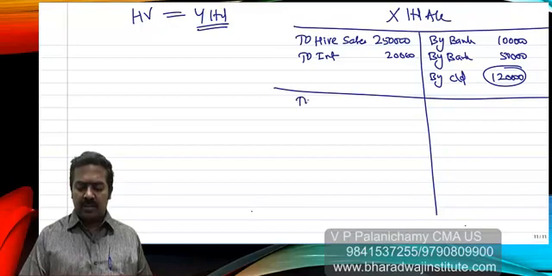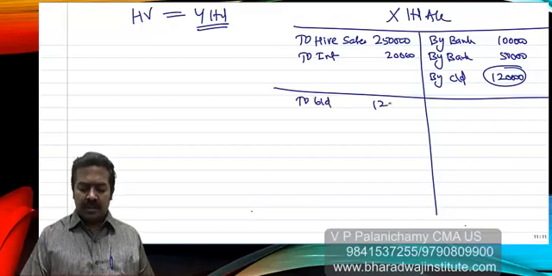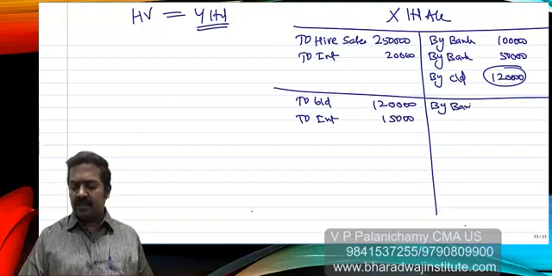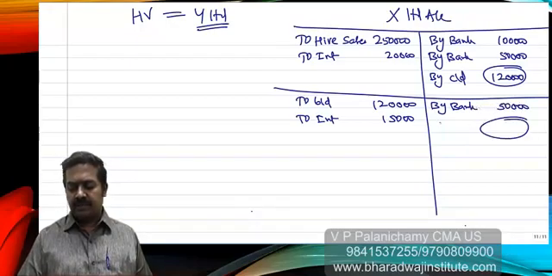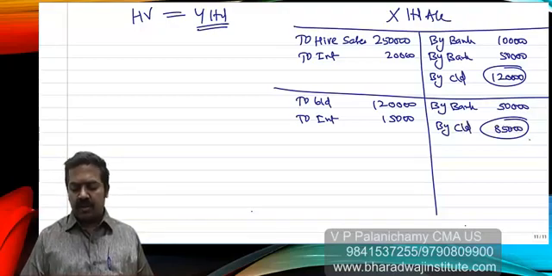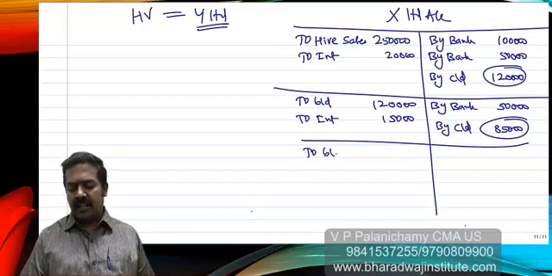To balance brought down is 1,20,000. To interest for the second year is 15,000. Then by bank how much? 50,000 we collect. Balance carry down how much? 85,000. Next year, to balance brought down 85,000. To interest 10,000.